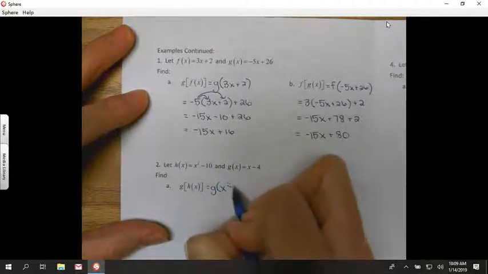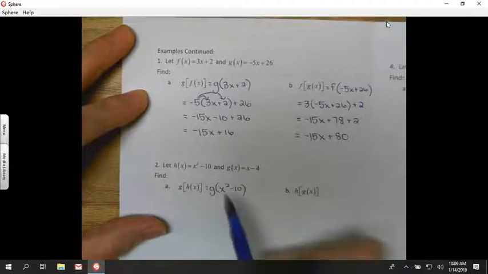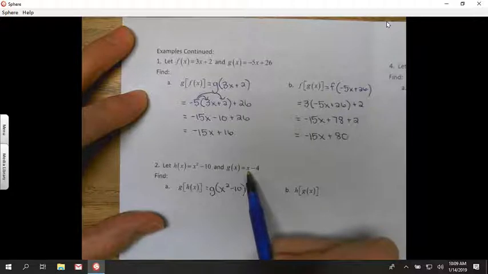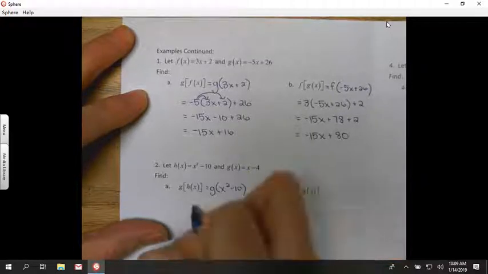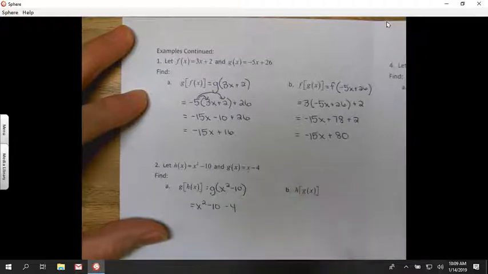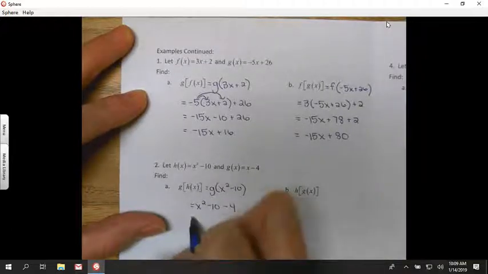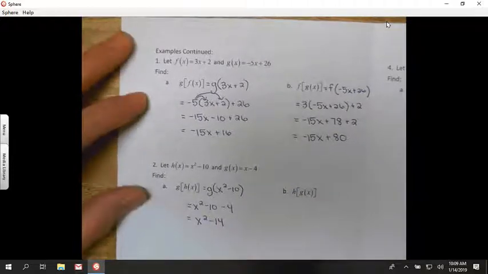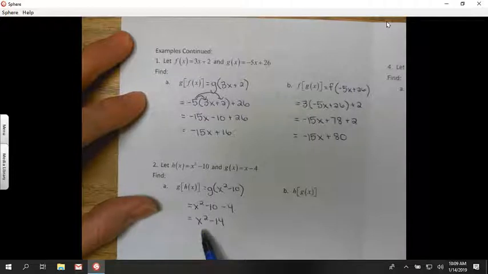X squared minus 10. So anywhere in my function g that there is an x, I'm going to replace it with that x squared minus 10. Okay. Well, when I combine my like terms, I just end up with x squared minus 14. So this way wasn't too hard.